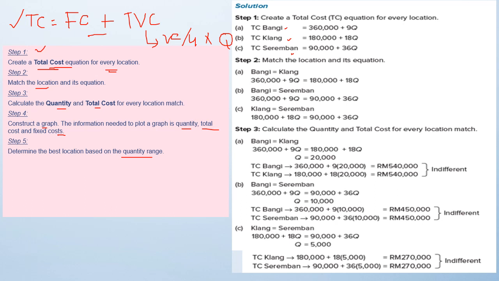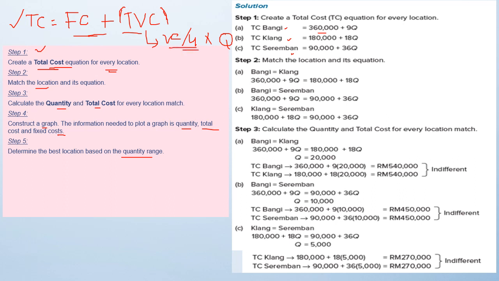Total cost equation for Bangi is fixed cost plus total variable cost. For fixed cost for Bangi, as you can see in the original question, fixed cost for Bangi is 360,000. And for the total variable cost, the question does not give it, but you have to use another formula to get it.